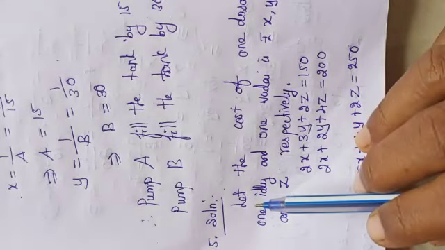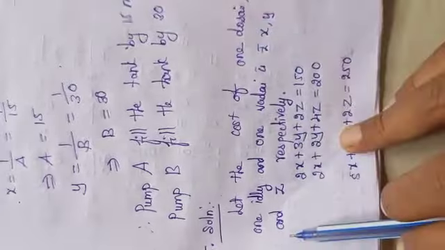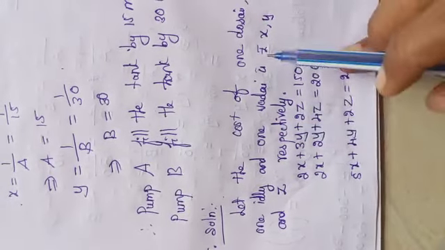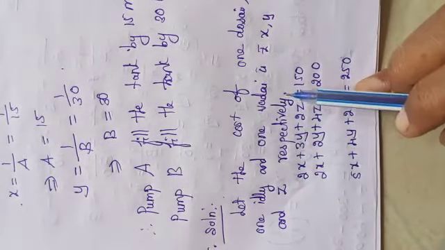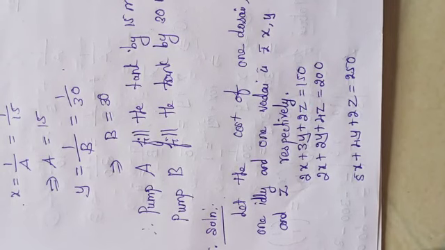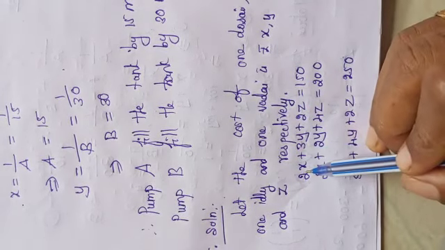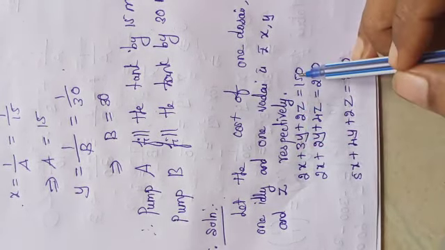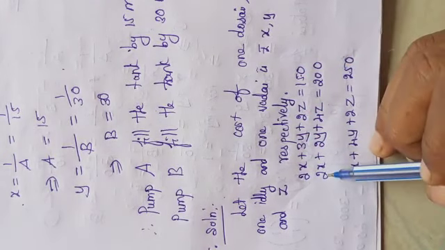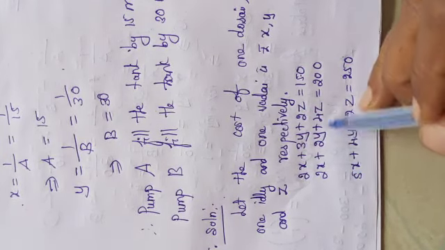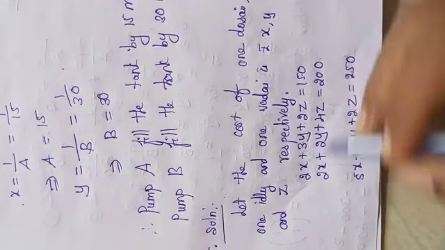Okay. See, solution I have written. Let the cost of 1 dosai, 1 idli and 1 vadai be rupees x, y and z respectively. As per the given condition, 2x plus 3y plus 2z equal to 150, and the second equation is 2x plus 2y plus 4z equal to 200.